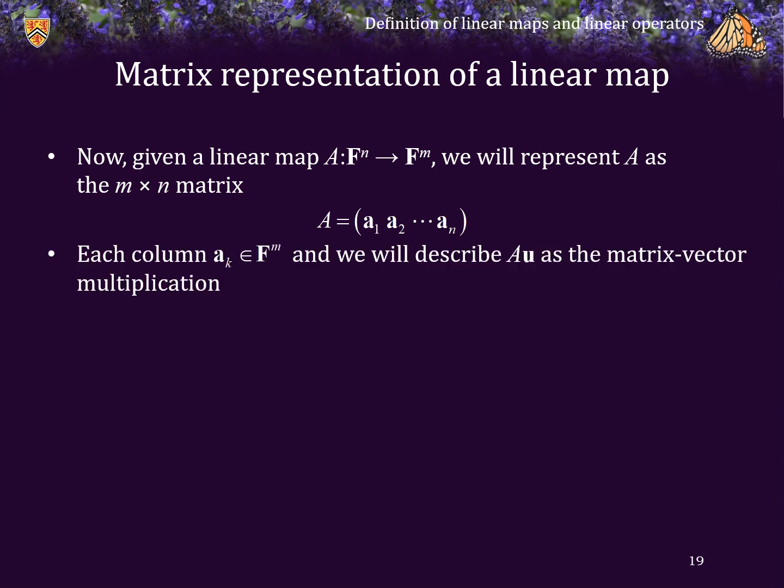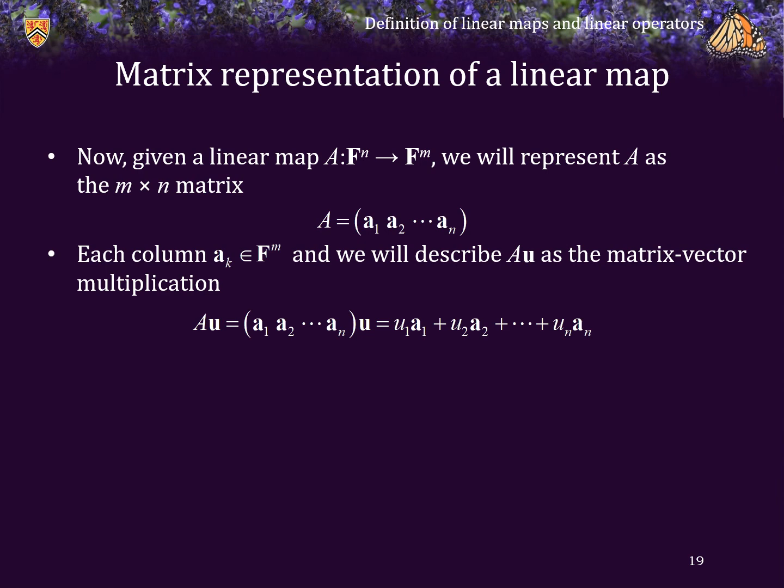So each column A sub k is in F to the m, and we will describe A applied to u as the matrix vector multiplication. So from here on in, rather than saying we are applying a linear operator A onto the vector u, we will just describe this as a matrix vector multiplication.